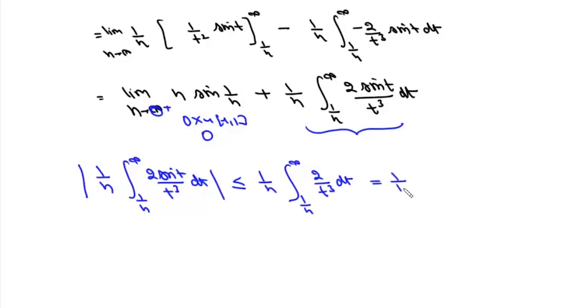Now this is 1 by h times minus 1 upon t square from 1 by h to infinity. Now this is nothing but h, and when h tends to 0 positive, this integral also approaches 0. So in this case, this entire limit is simply 0.